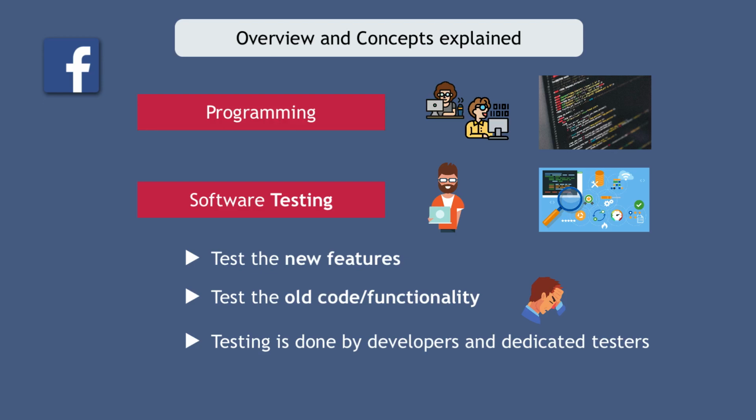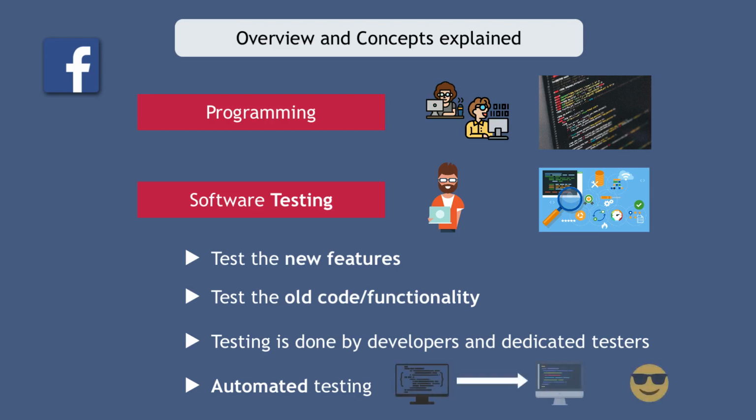So because of that, not to have this repeating testing process, there are automated tests. Instead of people testing the application, there are programs that are testing the application. So it's code that tests the code, so to say. Once the testing process is successful, the application can be released. So let's say a new feature was added to Facebook.